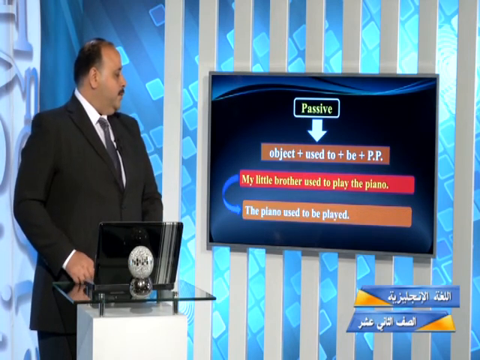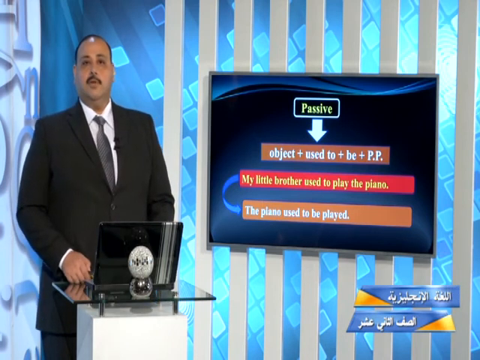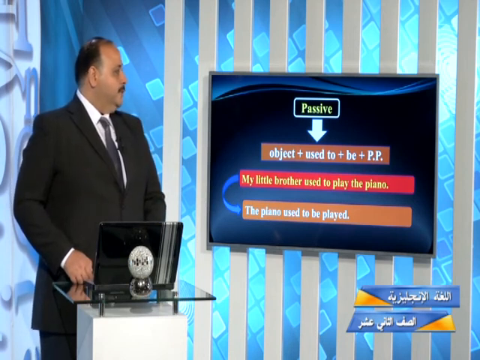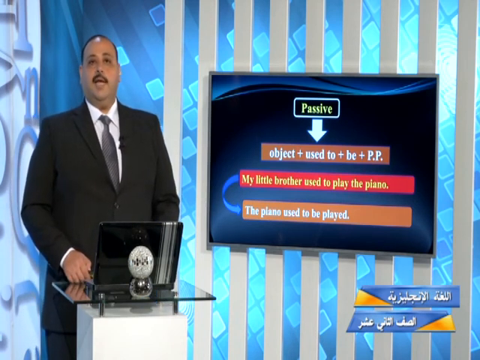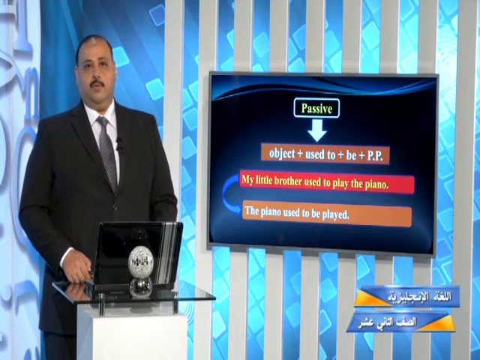The piano used to be played. That's good. We started with the object, which is the piano, and then we have used to. Then we added be plus the past participle of the verb, which is play, should be played. Okay, so we have studied used to in its forms: negative, question, and the passive voice.